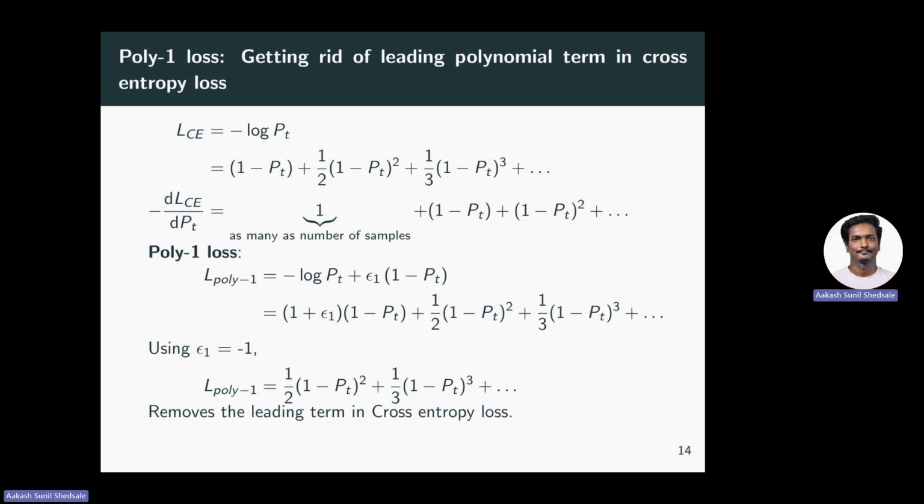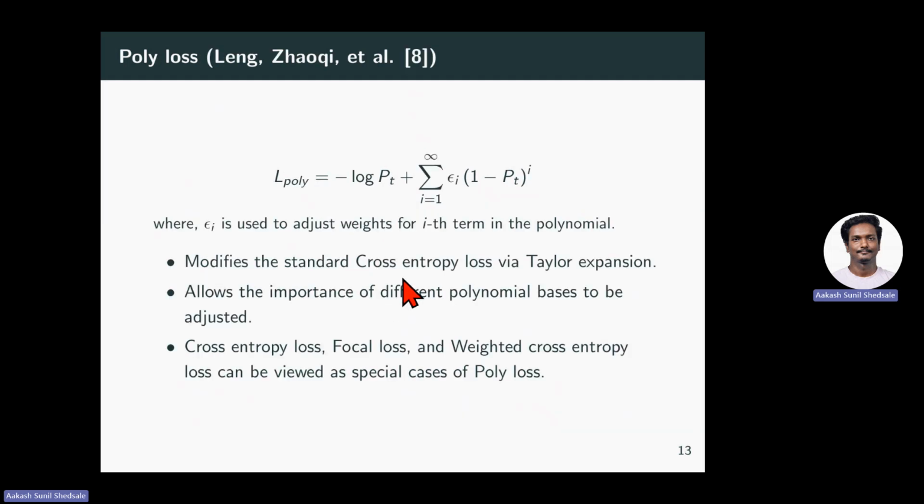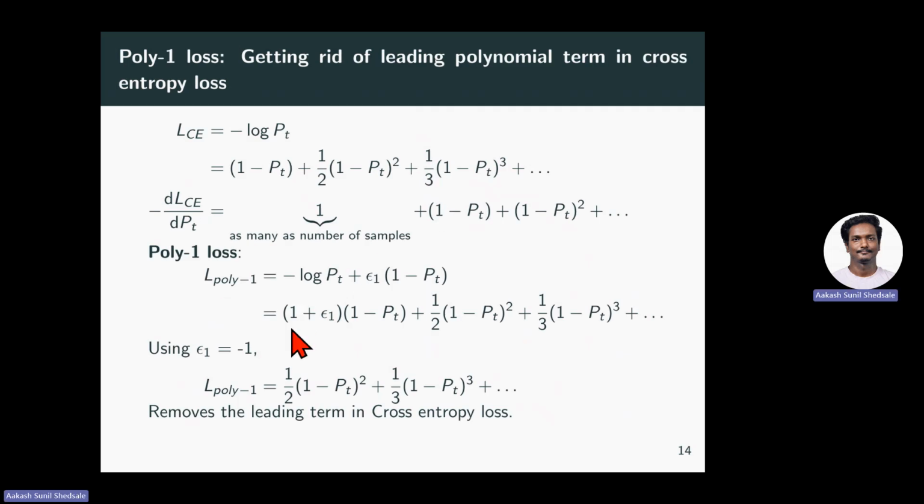So how does polynomial loss help in addressing class imbalance? As I've shown previously, the negative of the loss gradient of cross entropy loss is shown here. By choosing only the first term, that is, epsilon 1, and setting all other terms to 0, we get this equation.